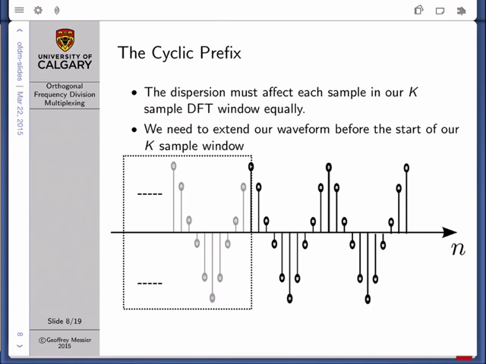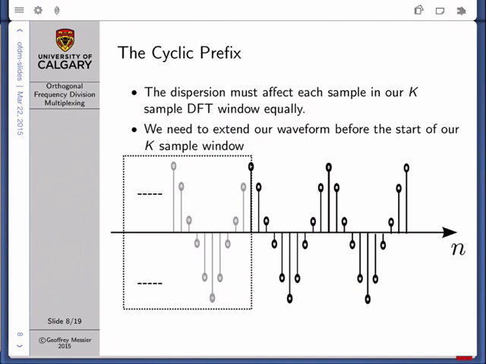In order for the discrete time signal to have the same nice properties as the continuous time sinusoid, the dispersion has to affect each sample in our DFT window in exactly the same way. And so basically what we need to do is extend our waveform beyond the start of our k-sample window.